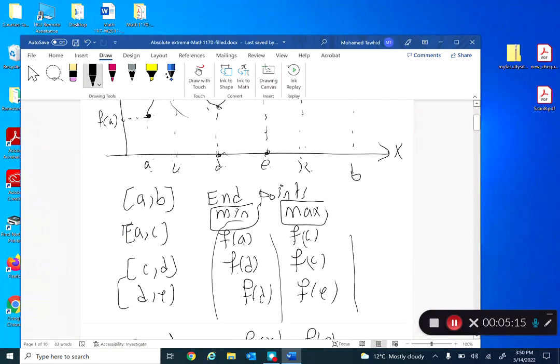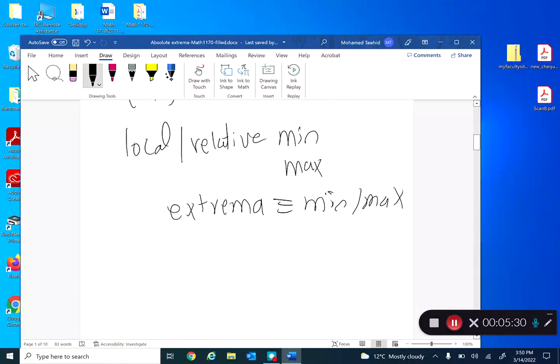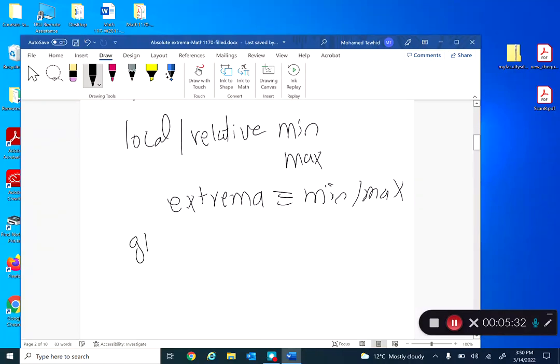But if I look at the whole domain, here from A to B, the whole domain, then I look at the smallest value that you have and the largest value you have. We call it global min or global max, or sometimes we call it absolute, global or absolute. What is absolute or global extrema?